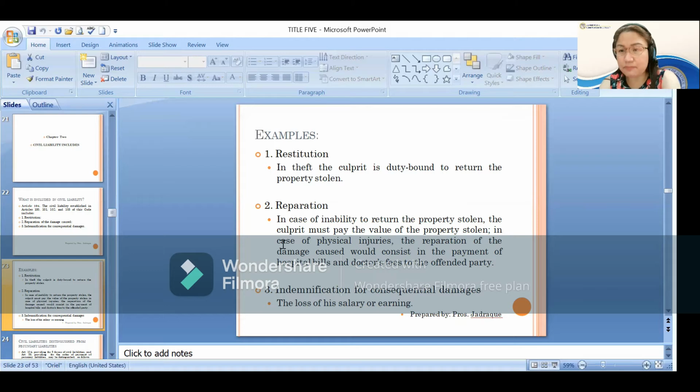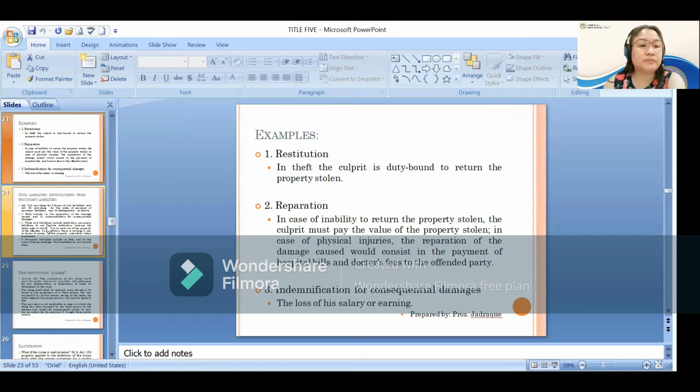So in the example we have given, especially on physical injury, the consequential damages would include loss of the salary or loss of earnings on the part of the offended party because of the offense committed against him. So the accused will be required to pay for the consequential damages. He has to indemnify the private offended party.